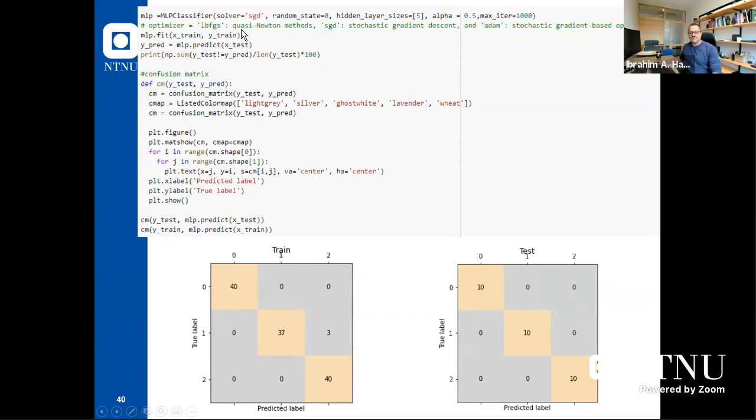But we didn't specify the number of inputs and outputs. The model understands them from the dataset, because when we train it, we have X-train and Y-train. It will know how many columns are in the dataset. The number of columns will be the number of inputs, and from Y-train, the number of classes will be the number of outputs, right?